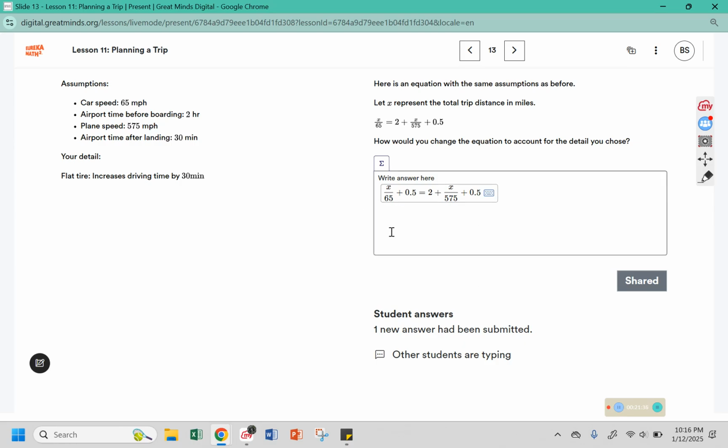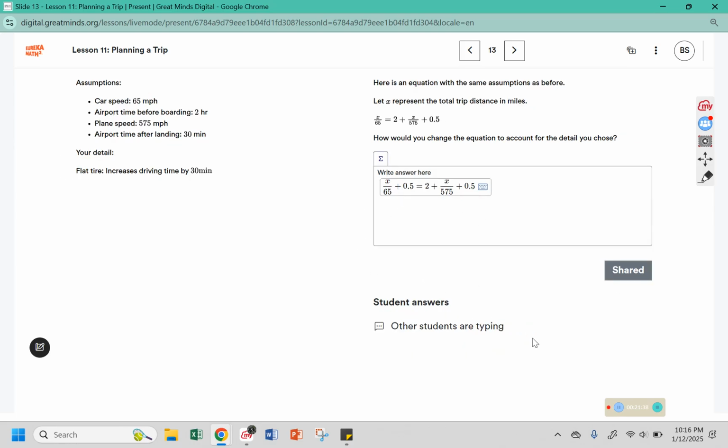It doesn't ask me to solve it though. But if we were to subtract 0.5 from both sides, then it would leave me with a 2 here and then the two fractions. And we could multiply again by 65 and 575 to eliminate those denominators.